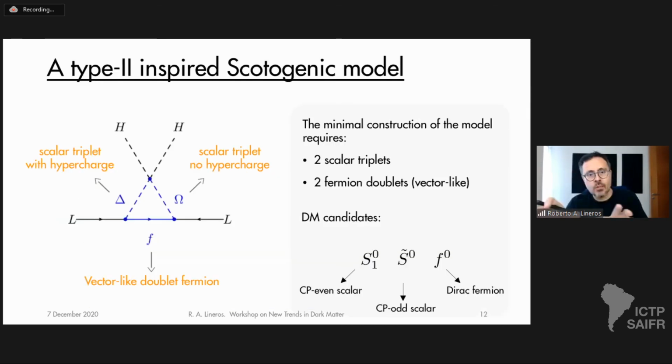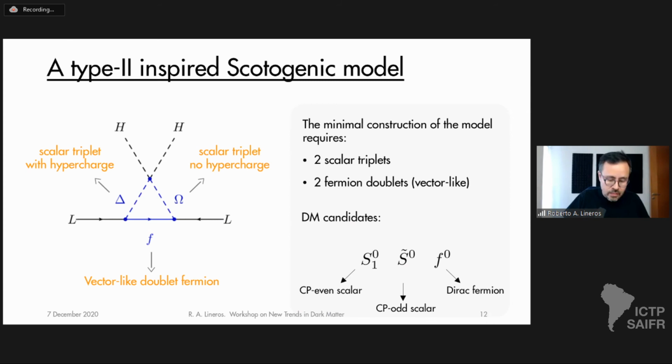So our model, the one that I'm presenting now, is basically trying to construct a Scotogenic model using the diagram that was in the middle between the two seesaws, the type 2. But in order to do that, we have to enlarge the scalar sector and the fermion sector so as to have a mechanism to generate neutrino masses.